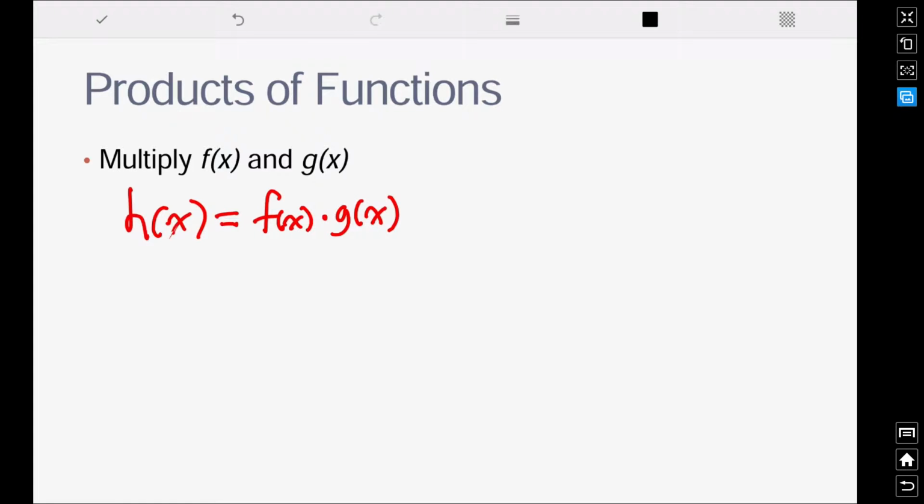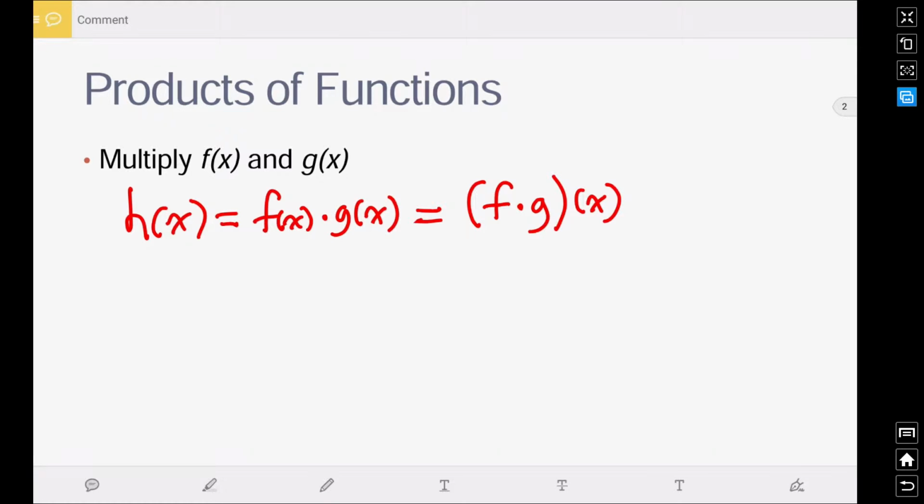Sometimes it can be written like this, f dot g, not to be confused with open dot, which we'll talk about another day. So this is a product of functions: f dot g, or f of x times g of x, or sometimes f times g of x. That's how you take the product of functions. There's nothing more to it than that, and we'll get to some examples shortly.